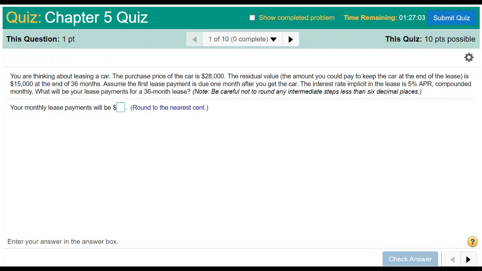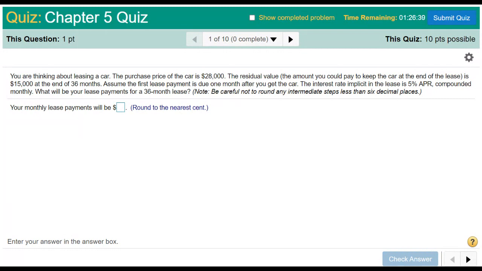So IY is 5 divided by 12, and 15,000 is the future value. We put 0 for payment, and then we compute for present value. Should be about 12,000 something.